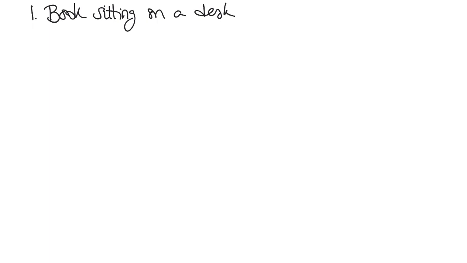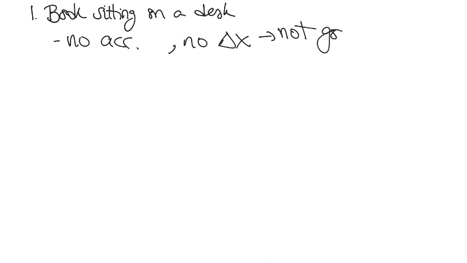Okay, so the book is sitting on the desk. You said it had 0 acceleration. Okay, it's not going anywhere. Interesting. So you see it has no acceleration, right? No delta x, no displacement, means it's not going anywhere.